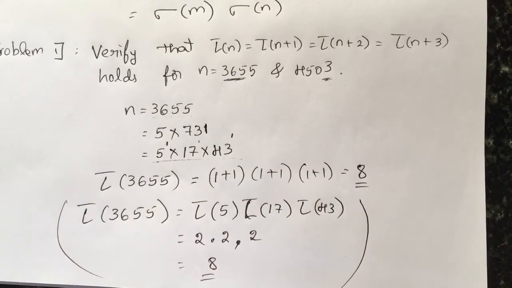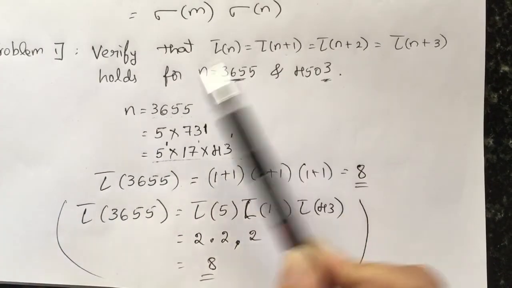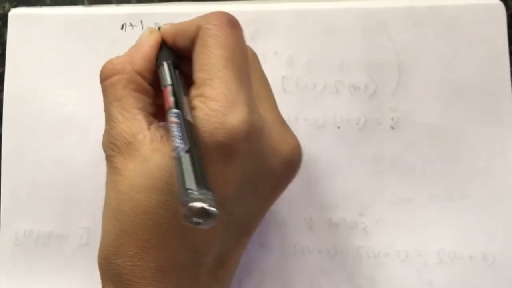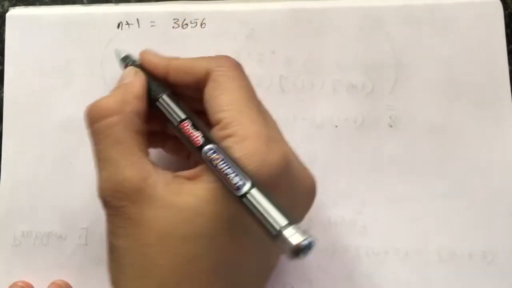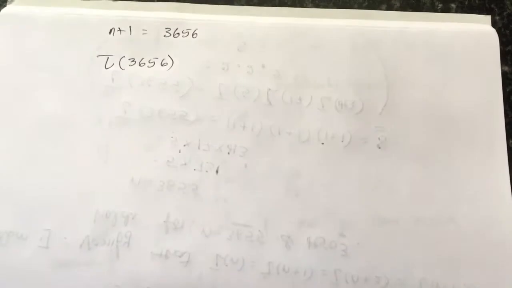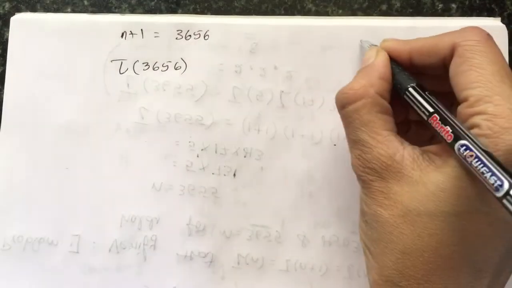That we got. Now what we have to do? We have to verify tau of n equal to tau of n plus 1. N is this. I just have to take n plus 1. N plus 1 is 3656, right? Now I just have to calculate this. For that I have to rewrite this number in terms of products of primes.